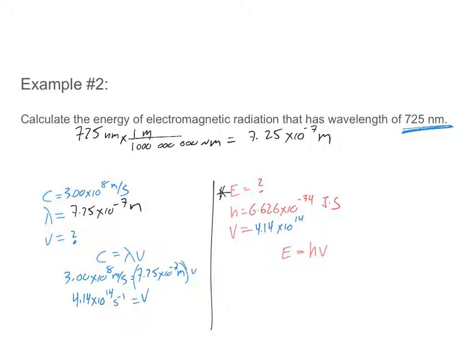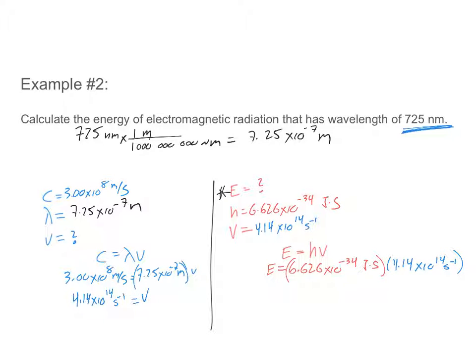times 10 to the 14 per second, and plug that into the energy formula using Planck's constant. So energy is going to equal 6.626 times 10 to the minus 34 joule seconds times the 4.14 times 10 to the 14 per second.